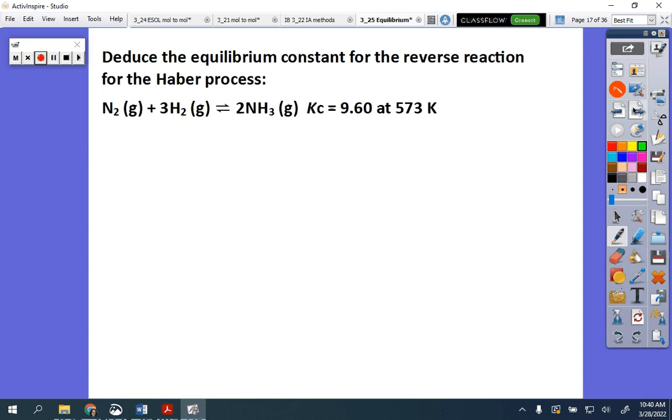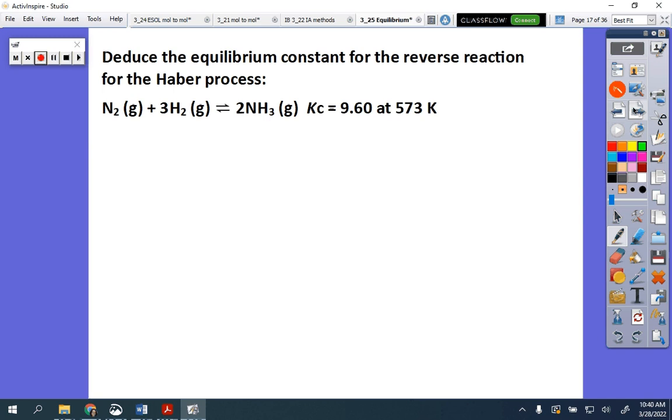And Haber, his name is on it because he was the one who figured out how to do this more efficiently so that it actually didn't take ridiculous amounts of energy. And he used the principles of equilibrium to do that. So this is N2 plus 3H2 gives us 2NH3, all gases, and our Kc is 9.60 at 573 Kelvin.